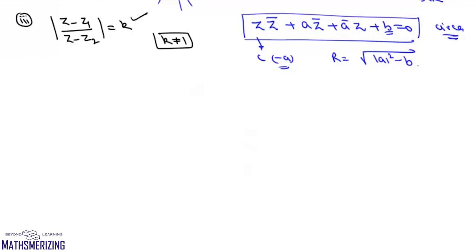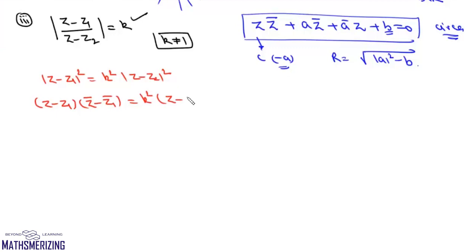So what we'll do is we'll square it again. We'll write mod of z minus z1 square will be equal to k square mod of z minus z2 square. Now this is (z minus z1) into (z bar minus z1 bar), and will be equal to k square (z minus z2) into (z bar minus z2 bar).